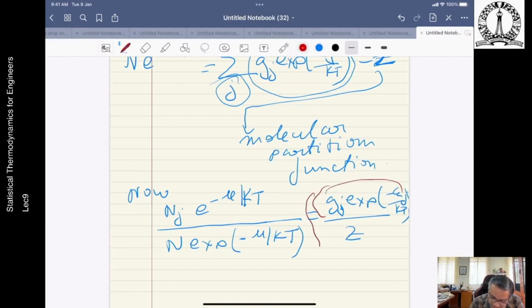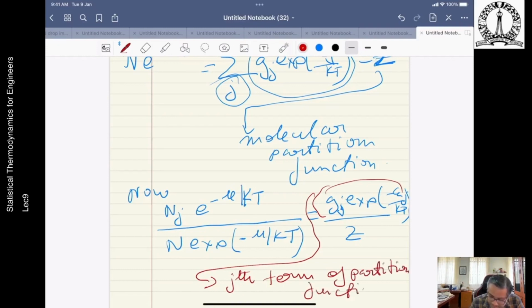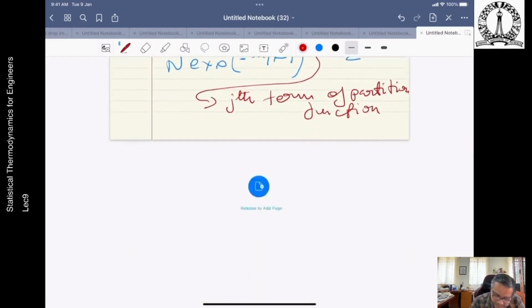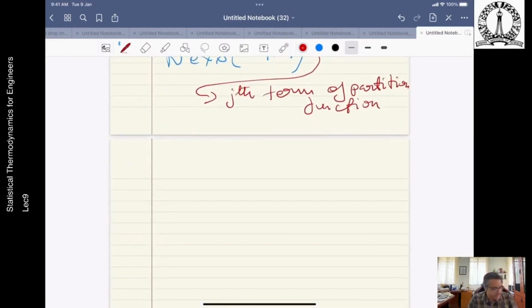This term that you see over here is basically the jth term of the partition function. It's the jth term, right?